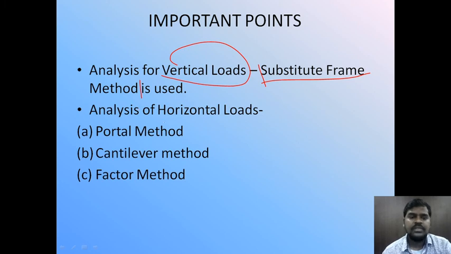And for the analysis of horizontal loads, the first one is the portal method. We have a few assumptions. The points of contraflexure will be at the center of the beam and column. The second assumption is that the intermediate columns will take 2 times the horizontal force of the exterior columns.